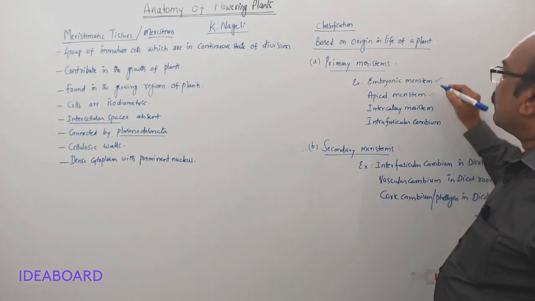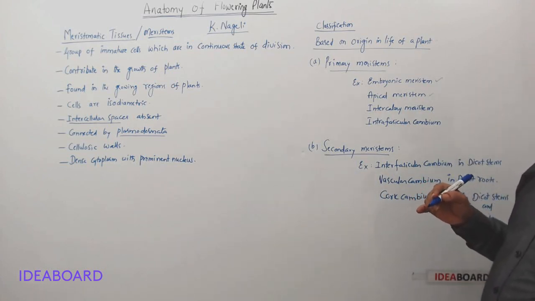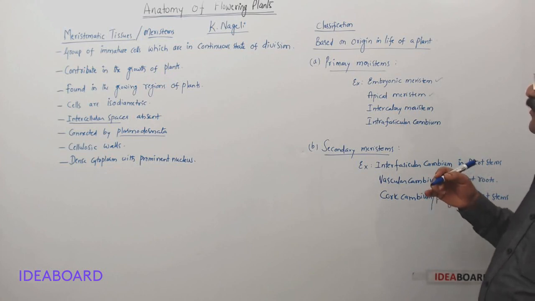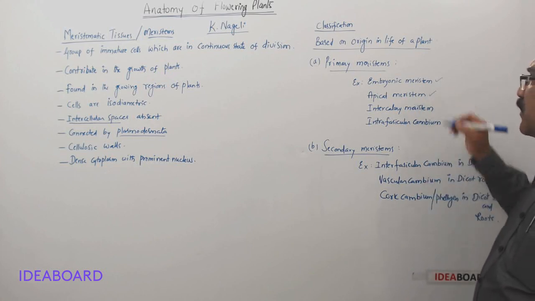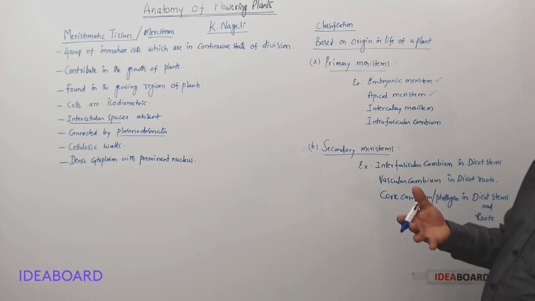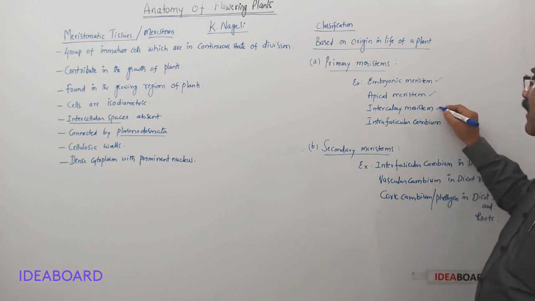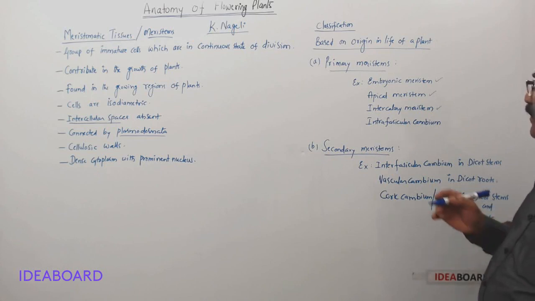When they are present in the embryo, we call them embryonic meristem. When they are present at the tips of the growing organs of the root and stem, we call them apical meristems. And some cells retain the capacity of cell division, and they help in the growth of internodes, and they are called intercalary meristems.